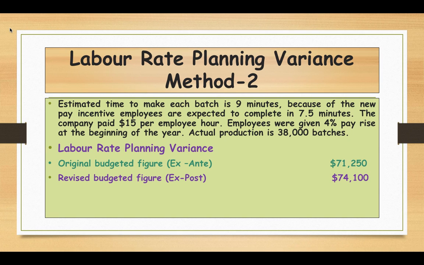So if I quickly repeat this again, 38,000 times 7.5 divided by 60 times it by $15 times it by 1.04, you will get $74,100. So the labor rate planning variance under method 2 is $2,850 adverse.